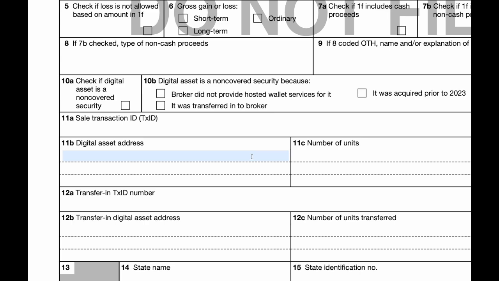Also, I'm concerned about putting all this information on a form that's going to the IRS. There's all sorts of hacking going on with crypto. We might as well just be giving them access to the entire blockchain if we're going to be providing them with all of this intel, as opposed to the Form 8949, which gave you the opportunity to give summary information.